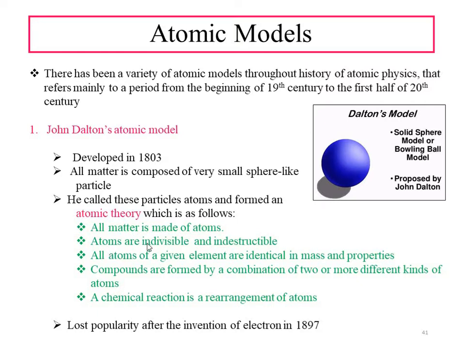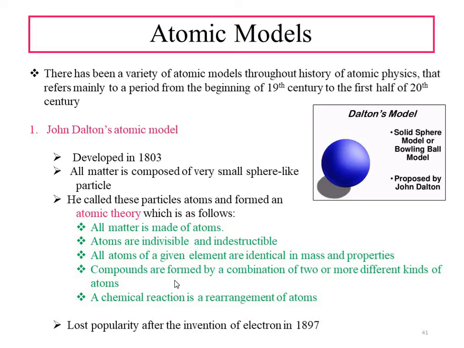Atoms cannot be destroyed. The next point he formulated is that all atoms of a given element are identical in mass and properties. If you consider one element, all the atoms are the same in mass and properties. Compounds are formed by a combination of two or more different kinds of atoms. For example, NaCl, sodium chloride, is a compound consisting of atoms of sodium and atoms of chlorine, combined together.